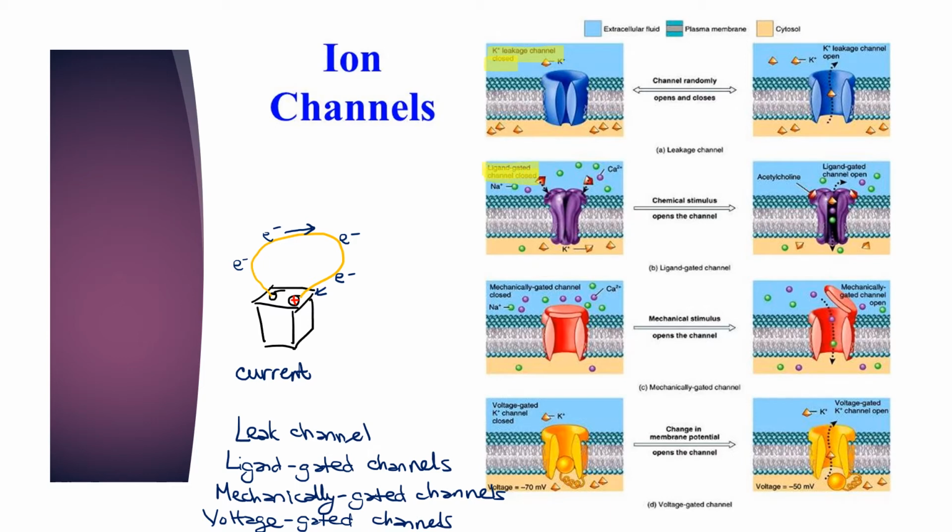This is a specific ligand that's required to bind to the channel in order to open it. Mechanically gated channels are channels that require a mechanical stimulus, like physical movement of the plasma membrane, in order to open. And then down here we have a voltage-gated channel. So this requires a very specific change in membrane potential in order to open.